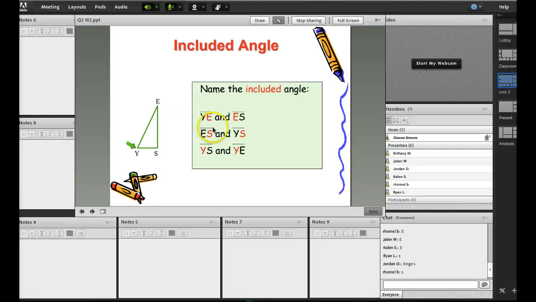All right, easy, right? Now we have YS and YE. What's the angle between those? All right. It is just important that you know what the angles are, okay? You got it.